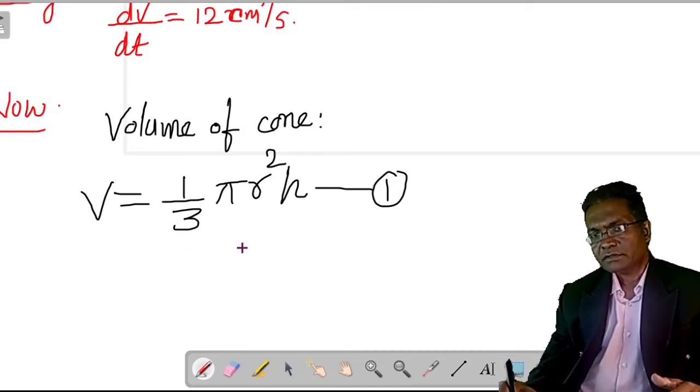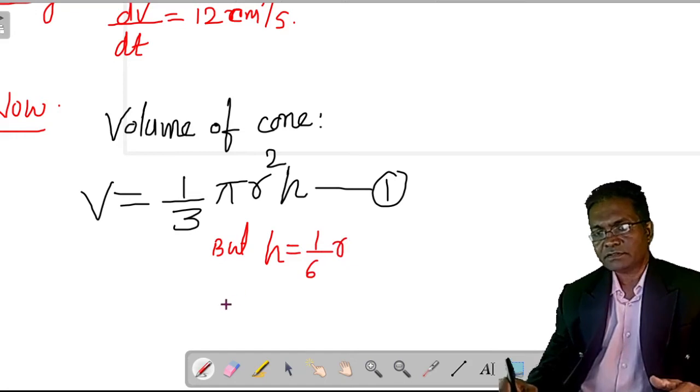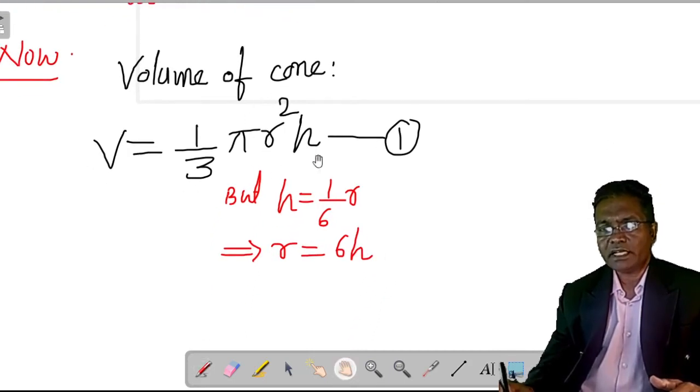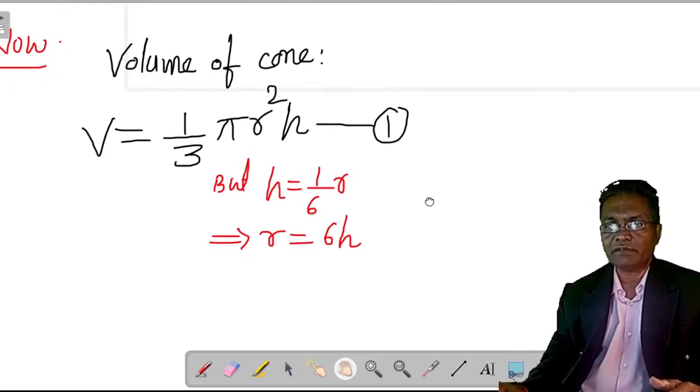So what is r from this? r is 6 into h. You need to convert completely in terms of h, only then can we differentiate.